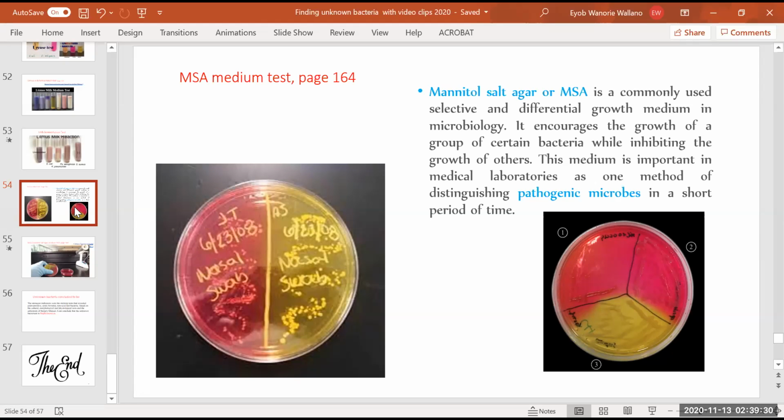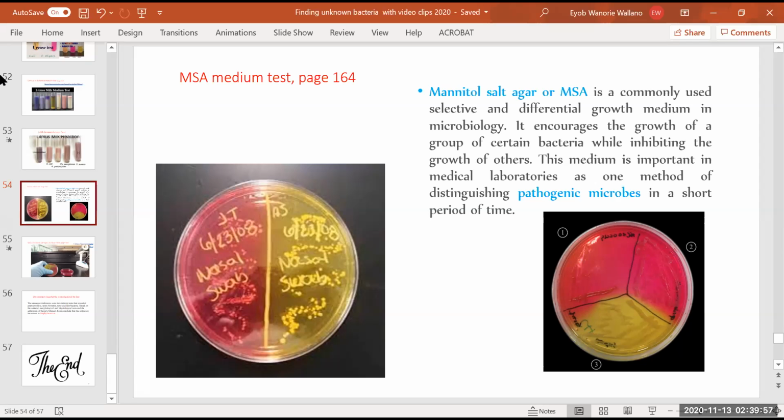Secondly, when we use certain media, staphylococcus shows the positive reaction, and streptococcus shows no catalase reaction. And then number 3, you are going to identify staphylococcus and streptococcus in a third stage. Look now, it's very interesting.